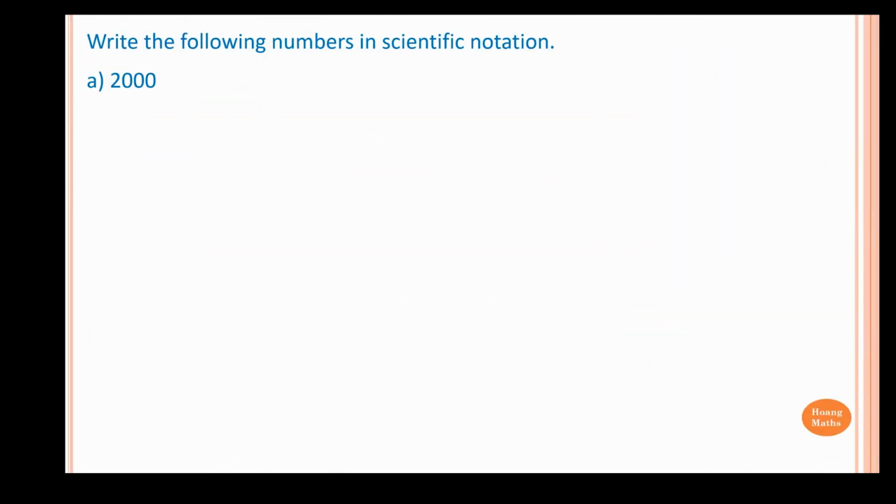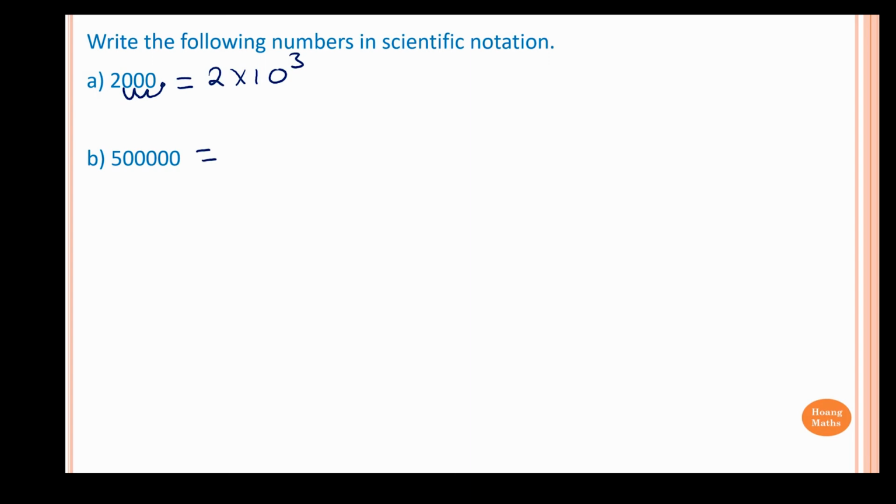Write the following numbers in scientific notation. So 2000. Now if there's no decimal, it means the decimal is right at the back here. So we move 1, 2, 3. So 2.000, or I can just write 2, times 10 to the 3, because I moved the decimal 3 times to the left. 500,000.